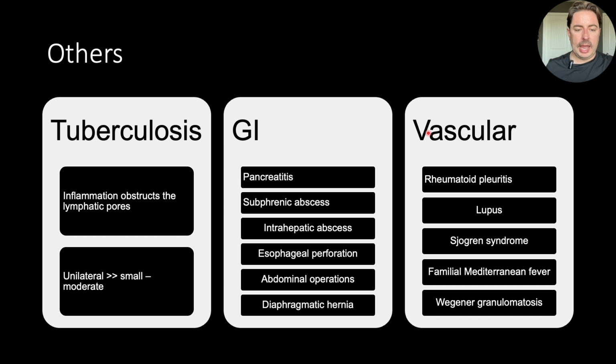So there are a number of causes of these exudative pleural effusions, TB, GI impact, and even vascular. It's crazy how much we have to be aware of, because so many different conditions can impact the pleural cavity or the thoracic cavity for that matter.